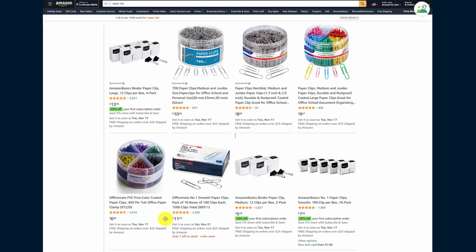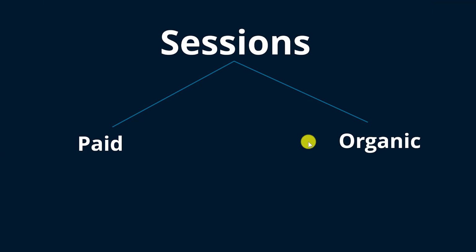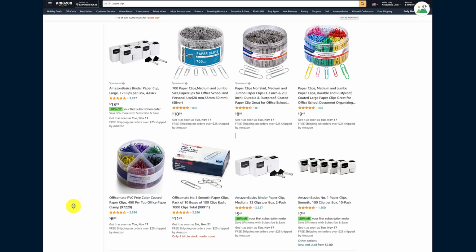Now, we won't look at the sponsored anymore, and I want to talk about the other one, not paid, but organic. Now, if you look here carefully, we have some listings here that don't have the word sponsored anywhere to be seen. So what this means is that through Amazon's natural organic algorithm, this is who they decided to put in the number 1 slot, 2 slot, 3 slot, 4 slot, and 5th slot.